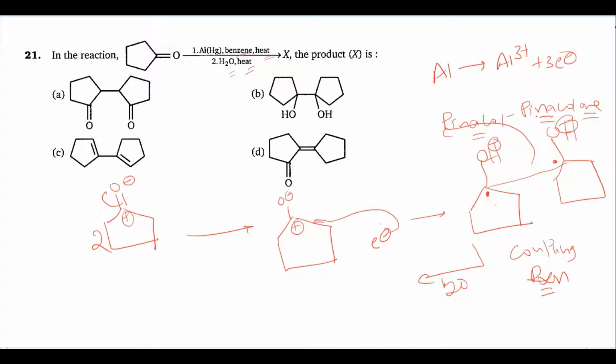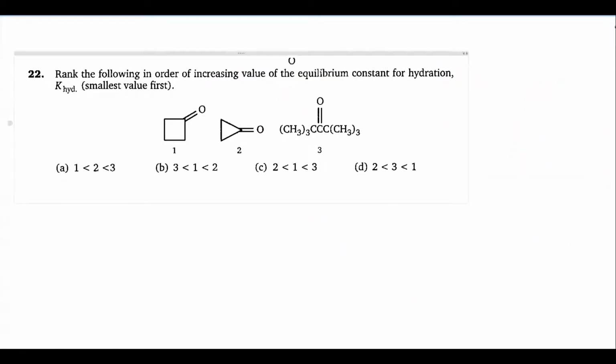And next question. So this is question number 22. In this question number 22, which is having equilibrium constant for hydration, they're asking increasing the value. Water means H2O, and the H2O lone pair is there.